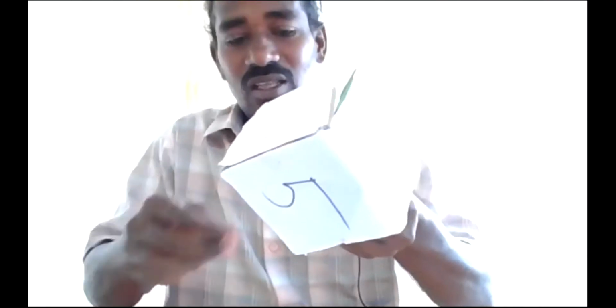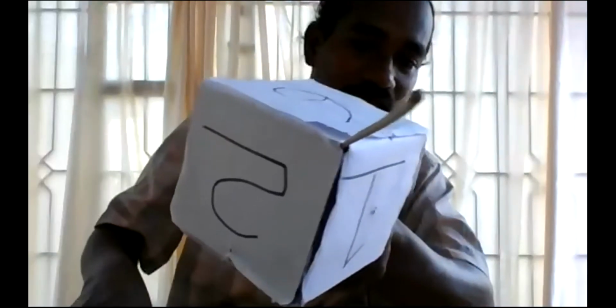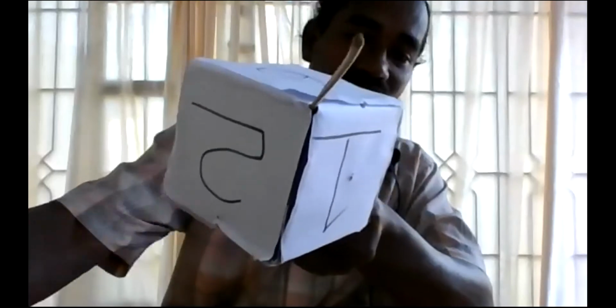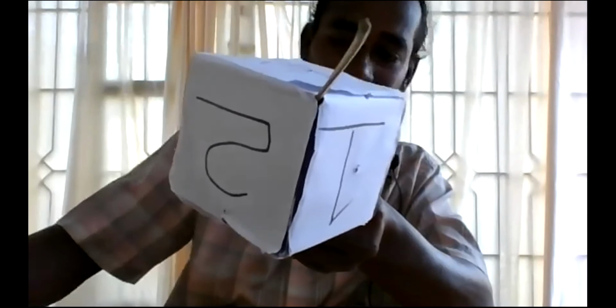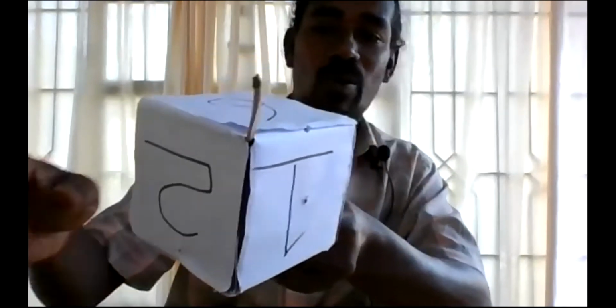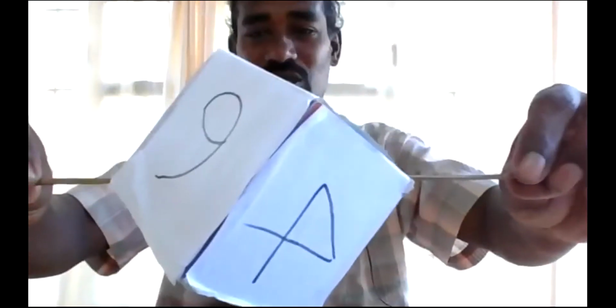Then we will see here also. Is this stick coming through this corner? Is it coming through this corner or not? Now we will see how this stick is going like this.